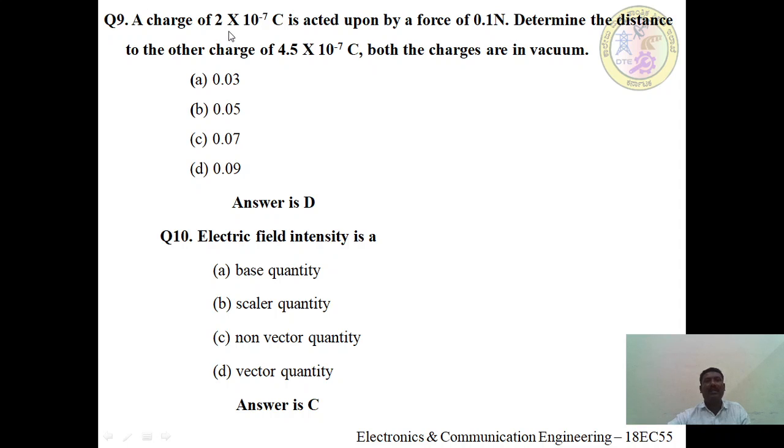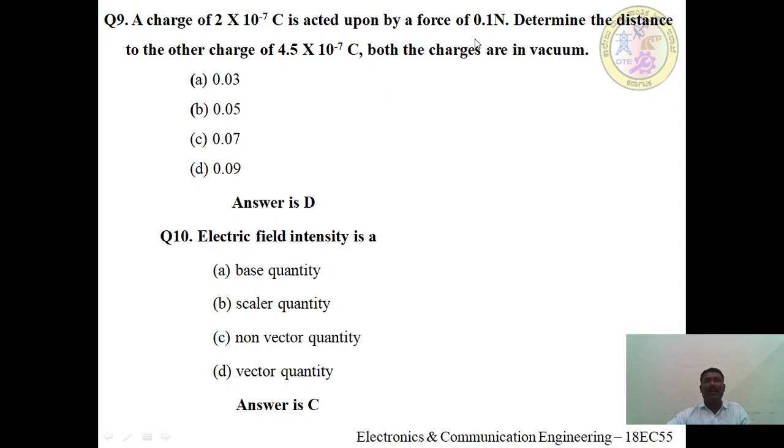Here a charge of 2 into 10 to the power of minus 7 coulombs is acted on by a force of 0.9 Newton. Determine the distance to the other charge of 4.5 into 10 to the power of minus 7 coulombs. Both the charges are in vacuum.